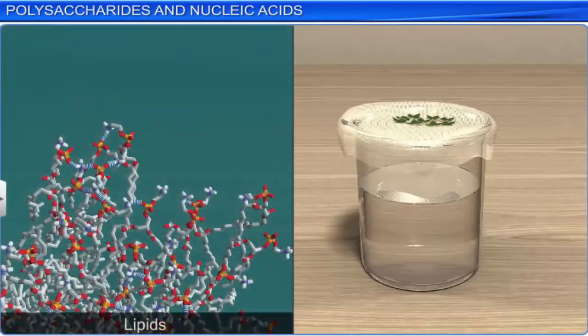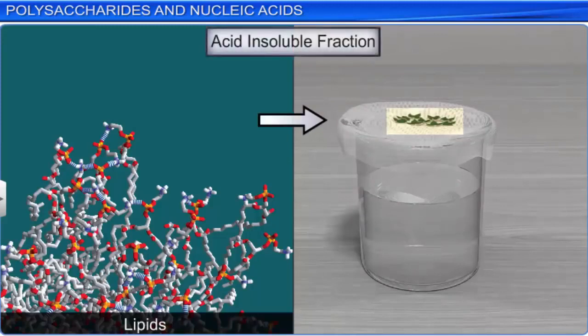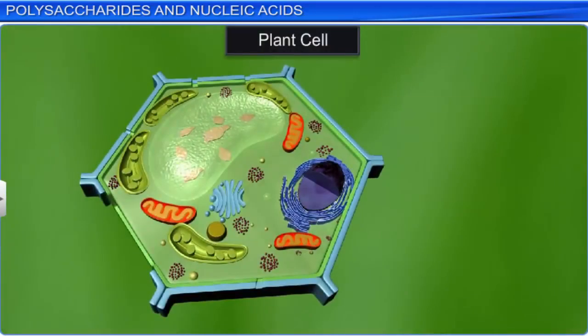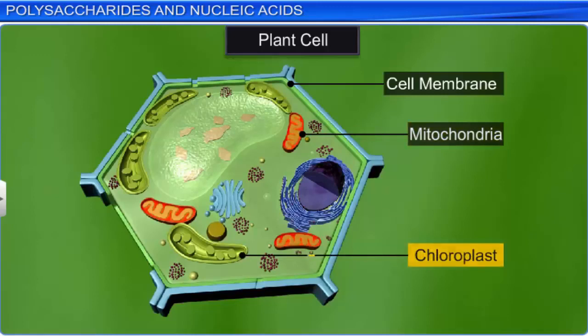Let's understand why lipids, whose molecular weight does not exceed 800 daltons, are a part of the acid-insoluble fraction. Lipids have a small molecular weight, and they are arranged in the cell membrane and in the membranes of mitochondria, chloroplast, and Golgi apparatus.